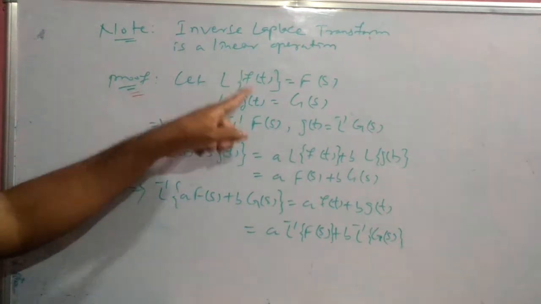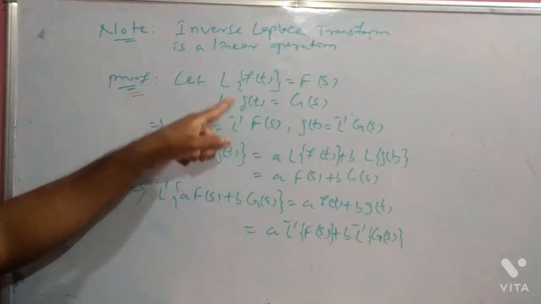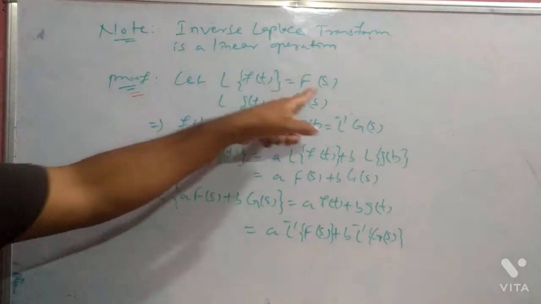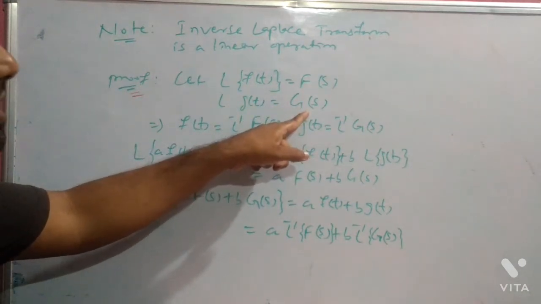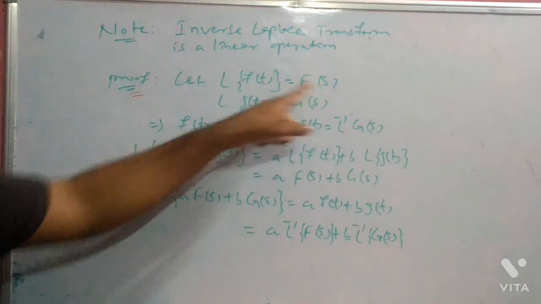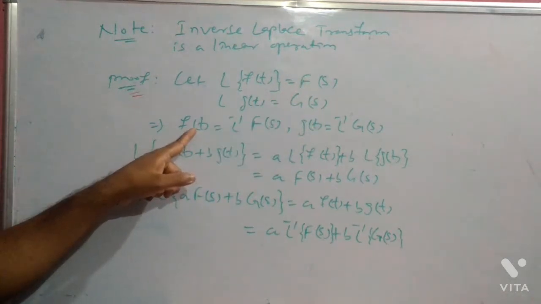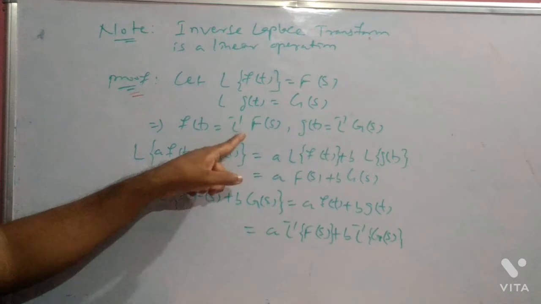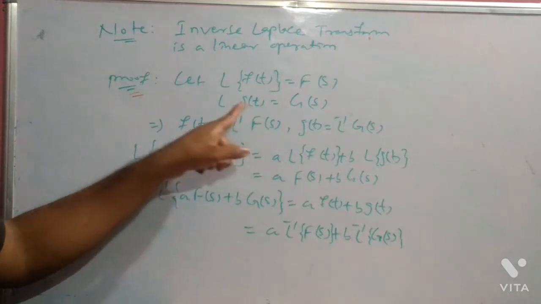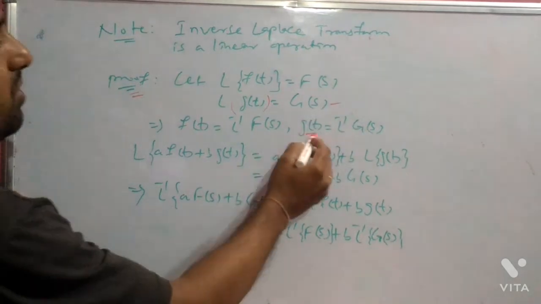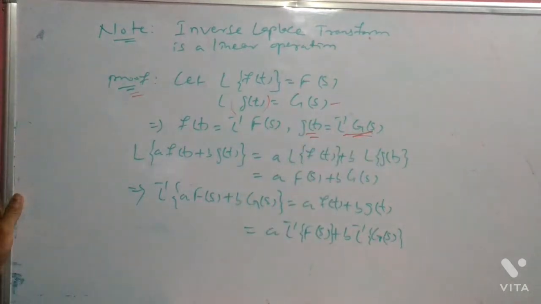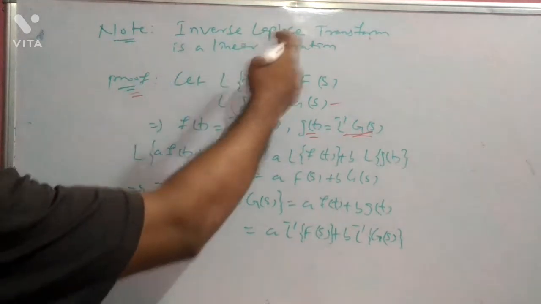Suppose we have two functions, f of t and g of t, and suppose Laplace of f of t equals F of s, and Laplace of g of t equals G of s. Then f of t will be Laplace inverse of F of s. Similarly, since Laplace of g of t is equal to G of s, g of t will be Laplace inverse of G of s.